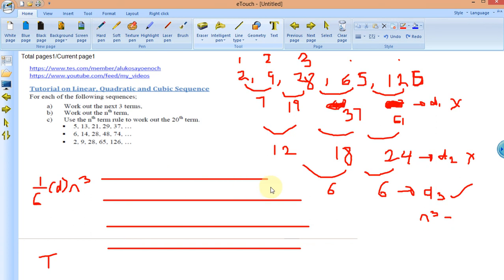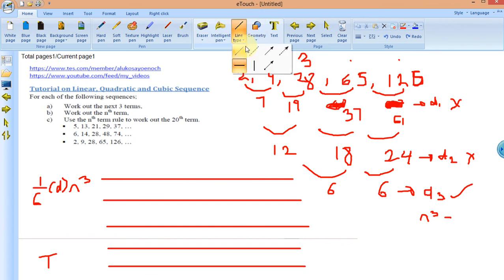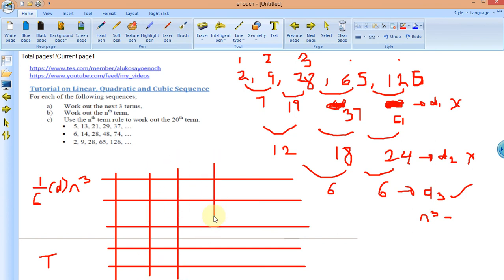Okay, so this is cool. Okay, so guys, I think that's cool. Hope you understand what I did there. You want me to rewrite everything now, guys? It's like this Aloko guy is not well organized.